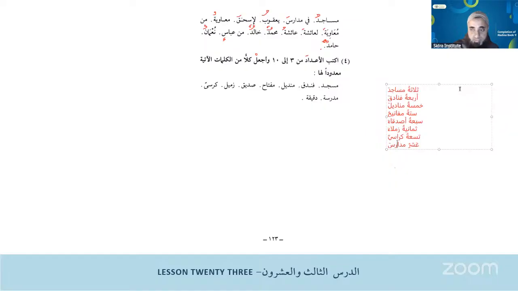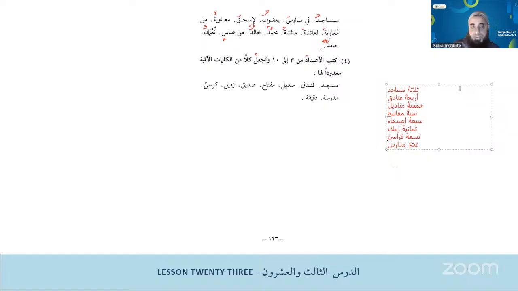Remember the rule regarding the sheen. If the thing you are counting is feminine, like madrasatun, the sheen on the word ashr (10) will be sukun. If the thing you are counting is masculine, then you're going to bring the other form of the number 10. For example, you don't say 10 pens with ashru, you say asharatu aqlamin. So the sheen will have a fatha.